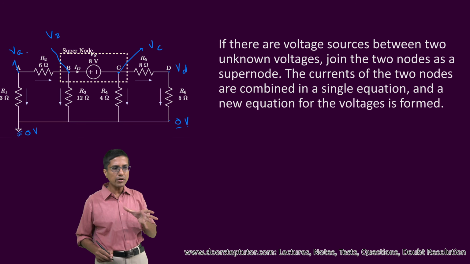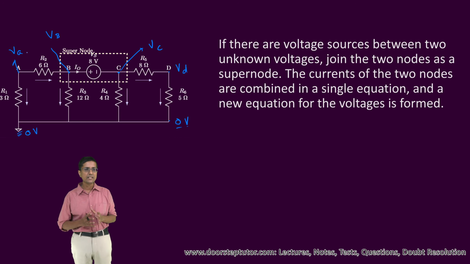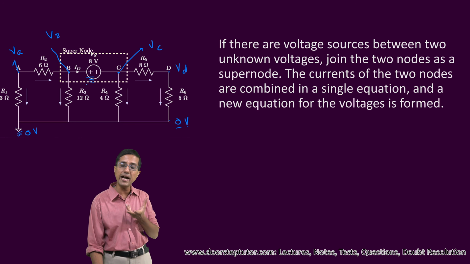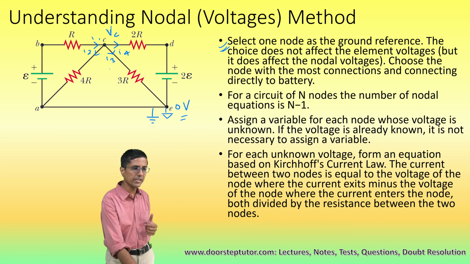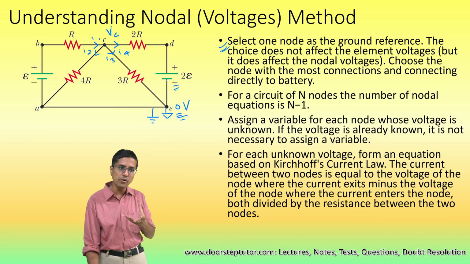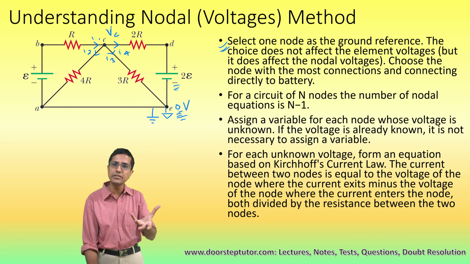But the thing I want you to understand is that there are cases when a voltage source or a battery would appear between two unknown voltages. In the earlier case, our batteries were appearing such that one of the nodes to which the battery was connected had a known voltage, in this case 0 volt.